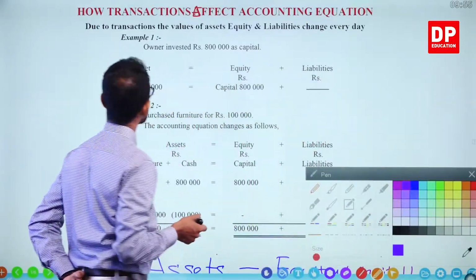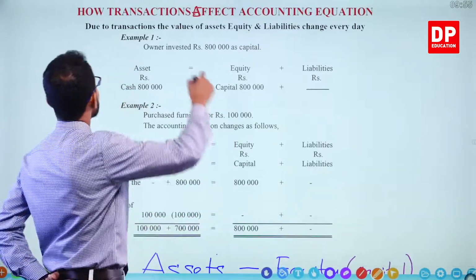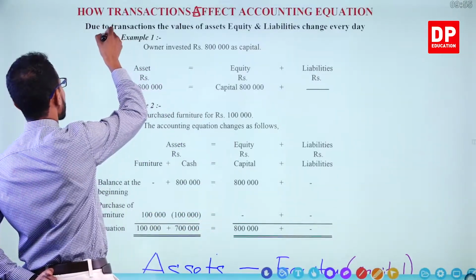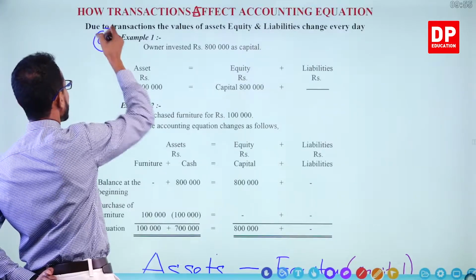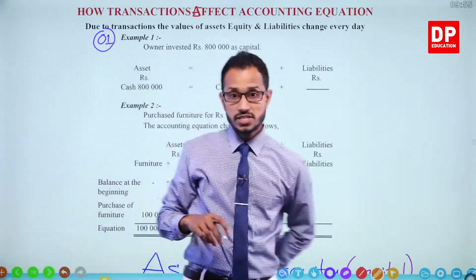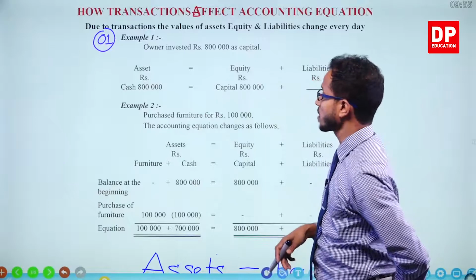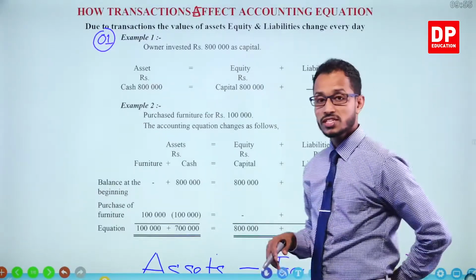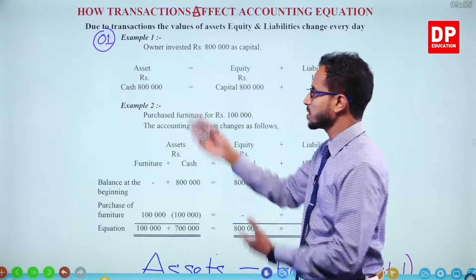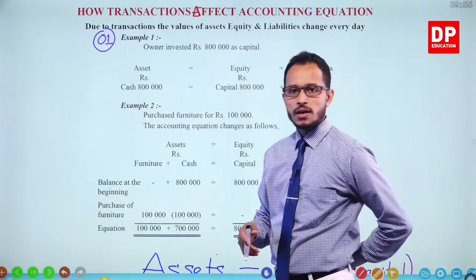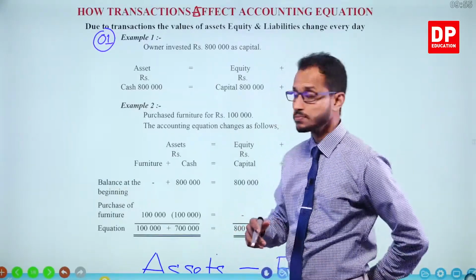First transaction, transaction number 1, example number 1. This is in your textbook, children. So if you have your textbooks, you can go to page number 60 and do these exercises, do these examples with me. Right? Let's do it.